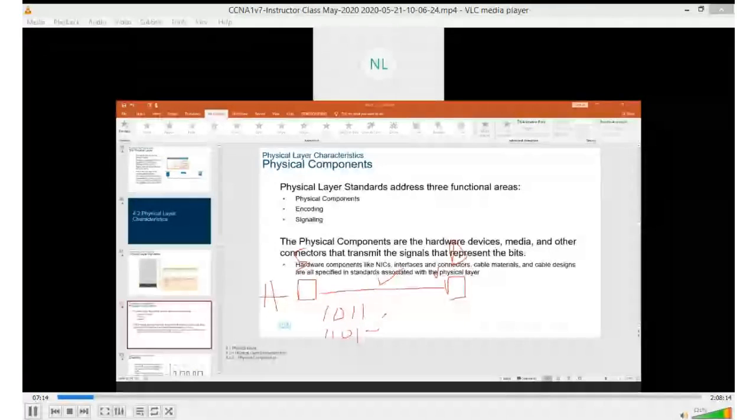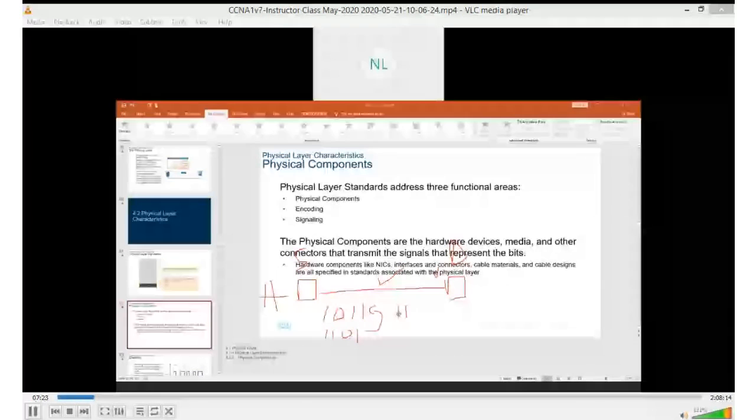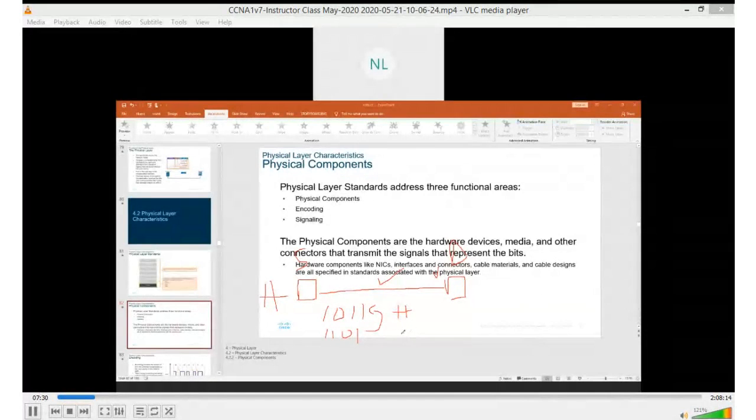Now, when it's received here, it's not going to make sense. And that is why they follow a particular pattern. Now, when you see 1, 0, 1, 1, 0, it is referring to, let's say, for example, H. Or when you see 1, 1, 1, 1, for example, it's referring to hello. So encoding means how these bits are going to be grouped together in such a way that the cable will understand them, and then the receiving device will also be able to process them.